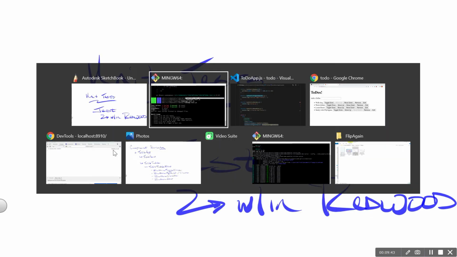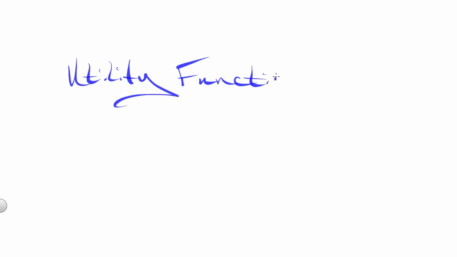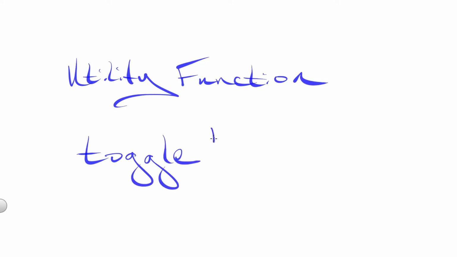And so what I'd like to do, let's think about the name of, let's create a utility function. And it'll be called toggle complete.